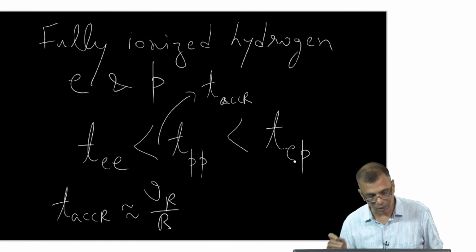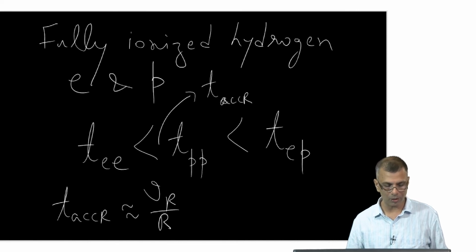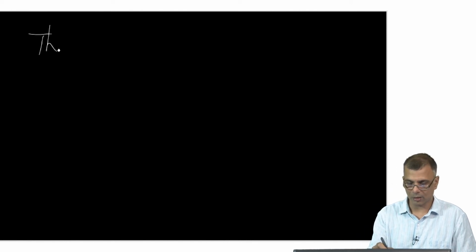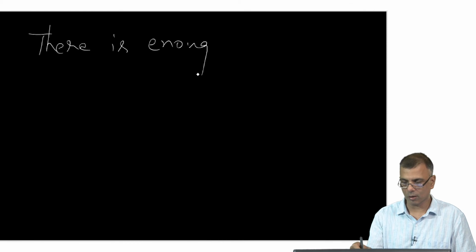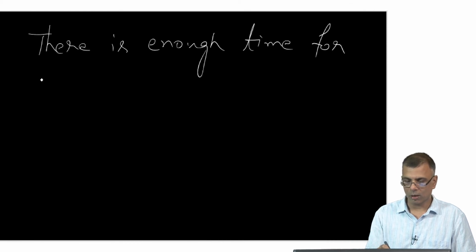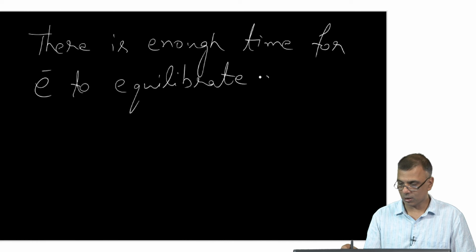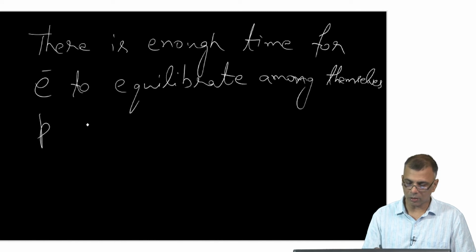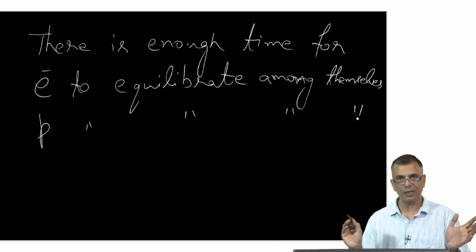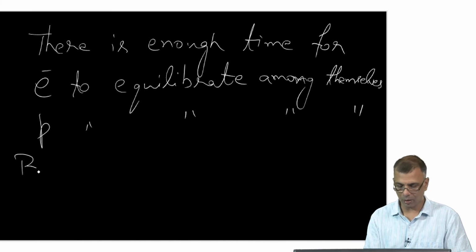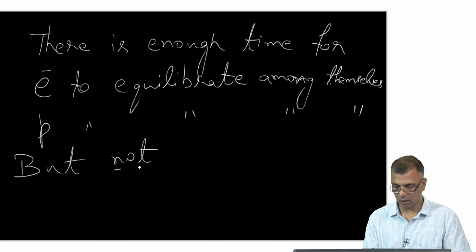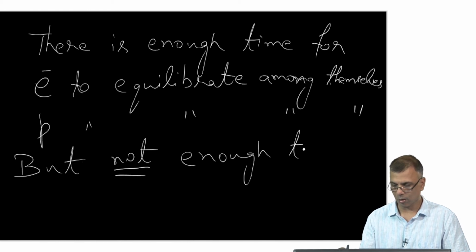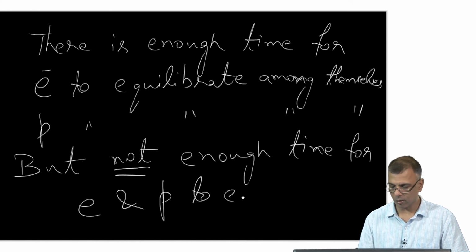In other words, most of the time there is enough time for electrons among themselves, for protons to equilibrate among themselves, maybe, but not enough time for electrons and protons to equilibrate.